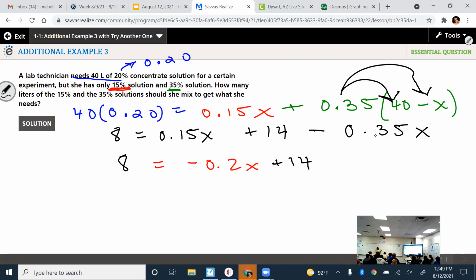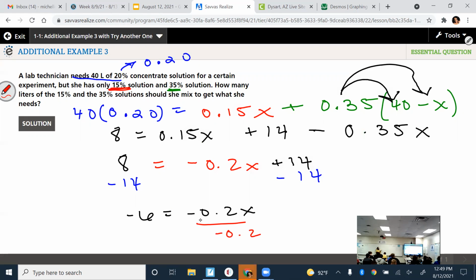Now, what do we get rid of to start getting the x by itself? The 14. And how do I get rid of it? Subtract it. And do that on each side. What's 8 minus 14? Negative 6. Negative 6 equals negative 0.2x. One more thing we have to do.